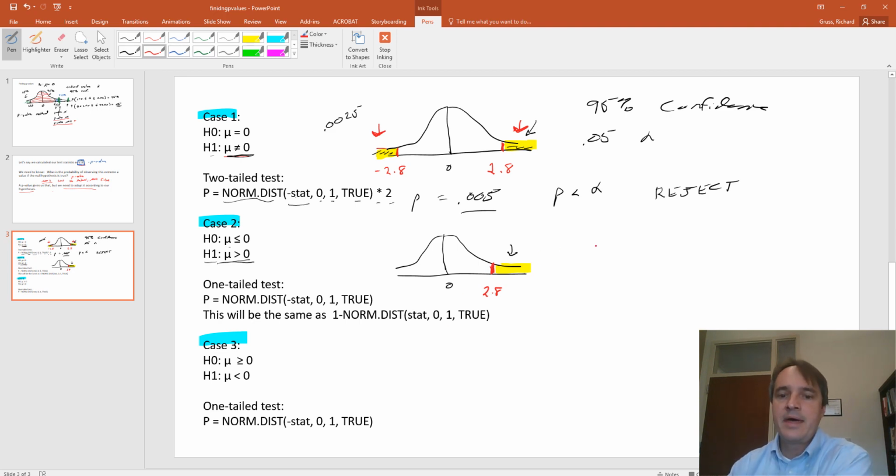Now, remember that this is a PDF, so the total area under here is going to equal 1, but the norm_dist function gives us the area to the left of whatever number we put in, so we can do 1 minus all of this area here, whatever the cumulative norm_dist up to 2.8 is.